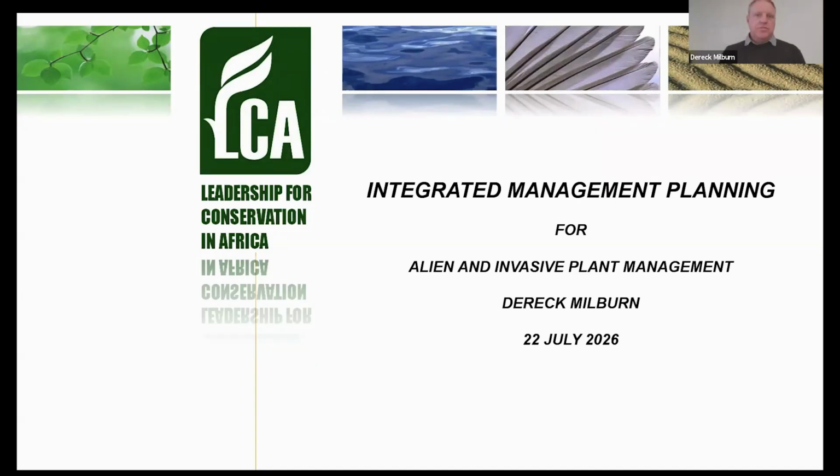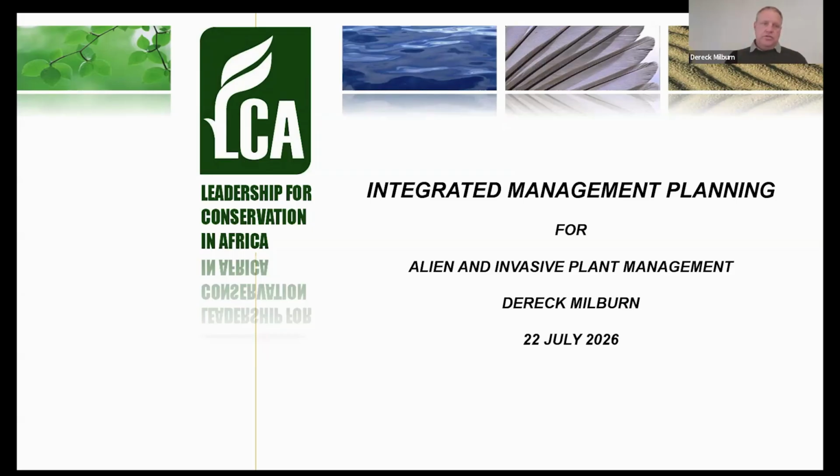So Johan basically tasked me with just providing an overview of the integrated management planning process for protected areas. Just my background, I'm not an ecologist, so the previous presenters would know a lot more about specific species and individuals and how to manage them the best.